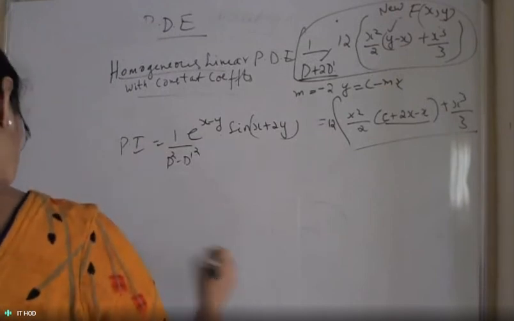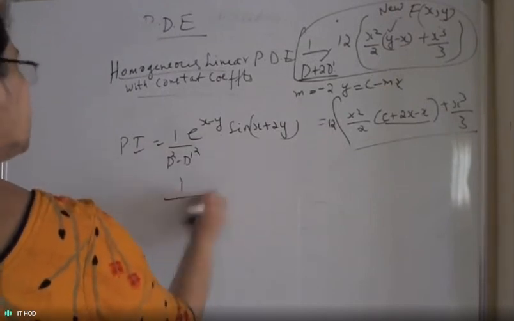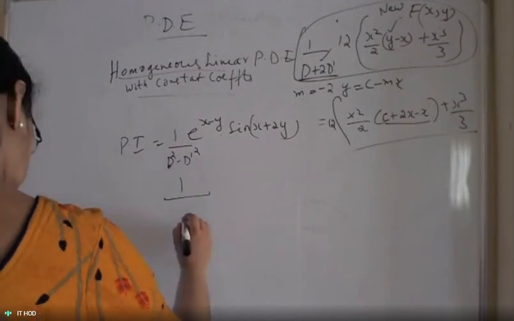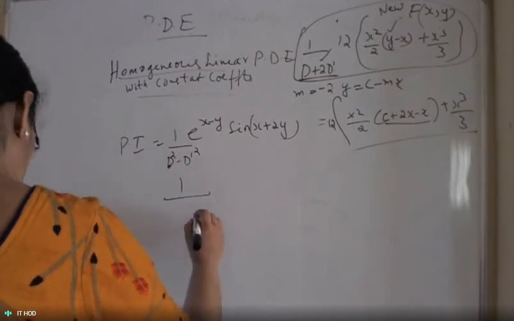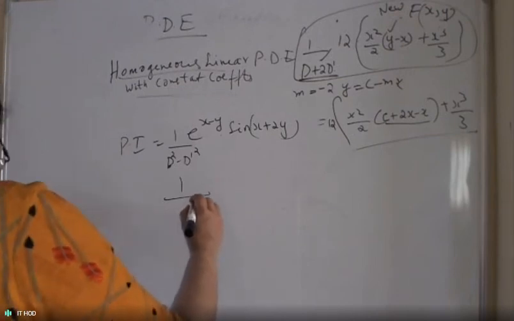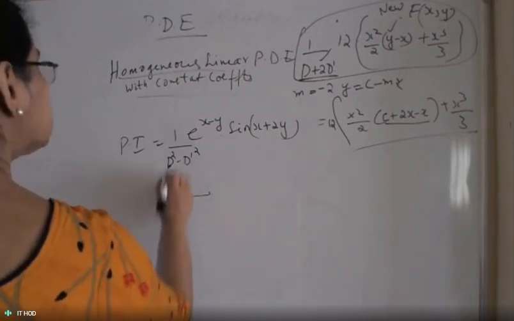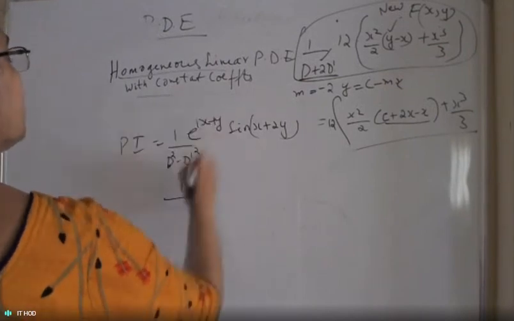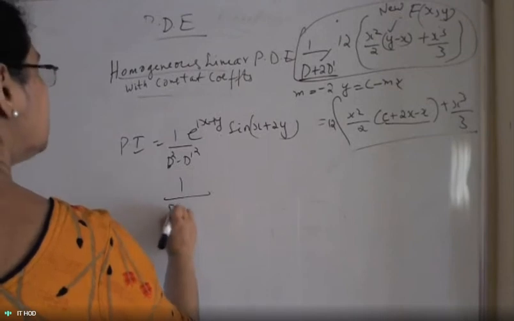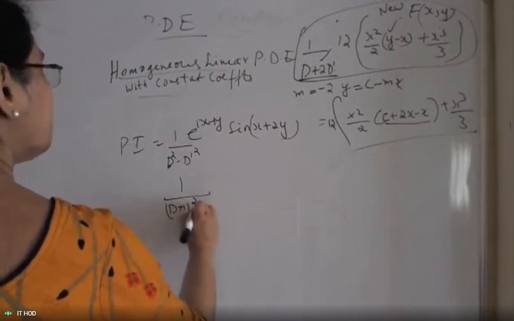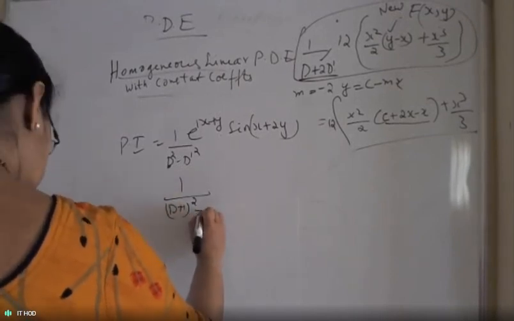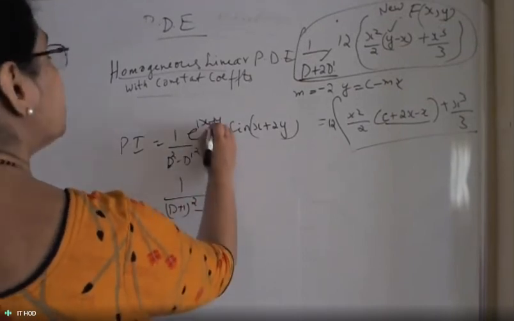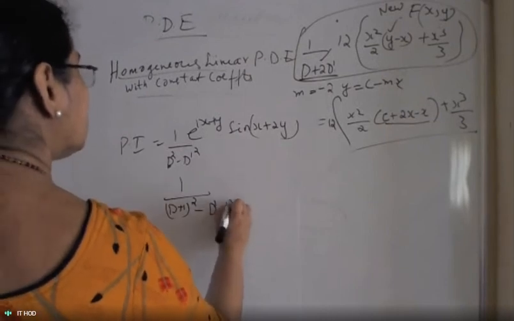You have to make this a linear factor: D changes to D plus a. What is our a here? 1. So this will change to D plus 1 the whole square, minus D dash, which will be D dash plus b, where b is minus 1, so minus 1 the whole square.